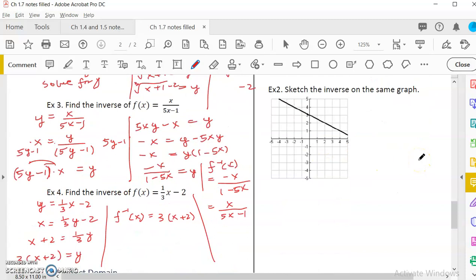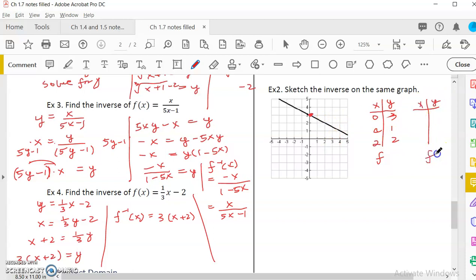What about this? This is a line. It is one-to-one, right? So let's pick some points for the original f function. I guess (0, 3), (4, 1), right? We can say (2, 2), but it's not very good because it's on both.